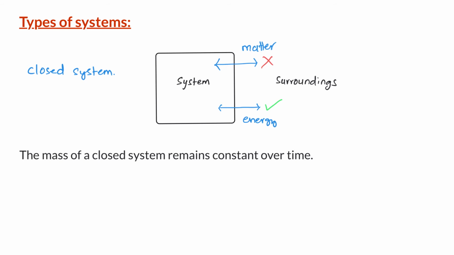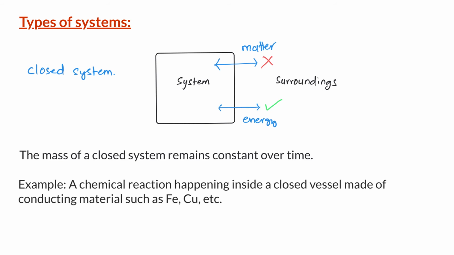The answer is, the walls of the container are made of conducting material such as iron, copper, aluminum, etc. An example of a closed system is a chemical reaction happening inside a closed vessel made of conducting material such as iron or copper.